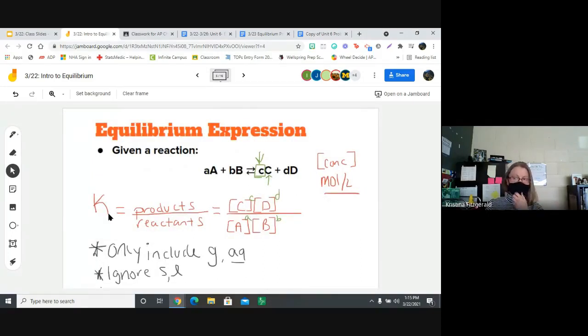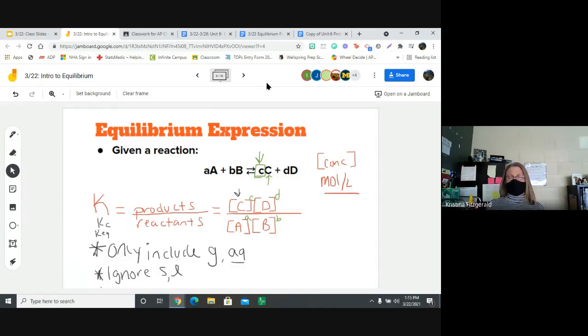Sometimes this expression gets Kc, C for concentration. These are concentrations. It might also get Keq. That's another common symbol for it. Just saying, what is the ratio of your products over your reactants at equilibrium?